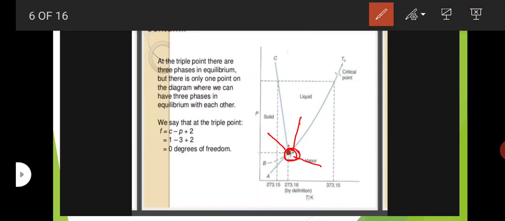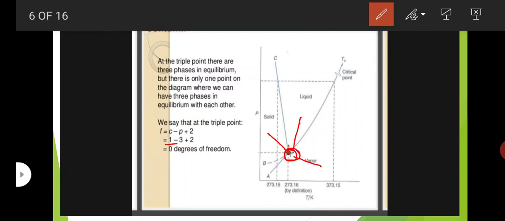At the triple point there are three phases in equilibrium, but there is only one point on the diagram where we can have three phases in equilibrium with each other. We say that at the triple point, F is equal to C minus P plus 2. Here C value is 1 because only one component is present.